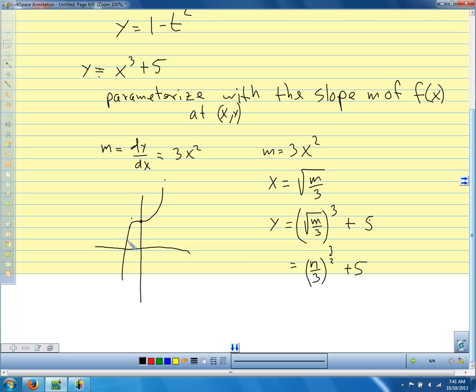Negative or positive? Positive. And when x is positive, the slope is positive. So does this parameterization leave out any part of our curve? Sometimes when you parameterize your curve, your parameterization might leave out part of the curve. So we're okay here.